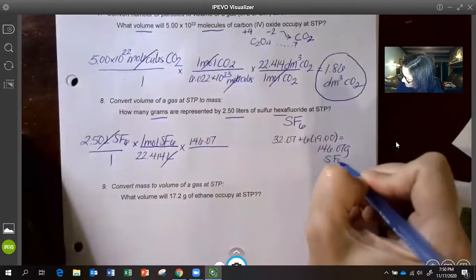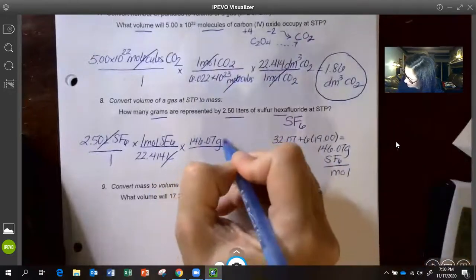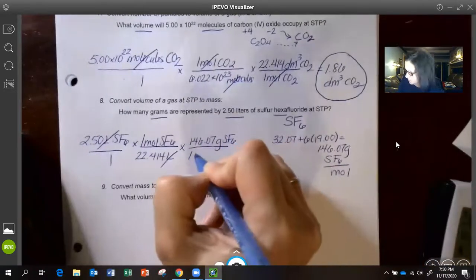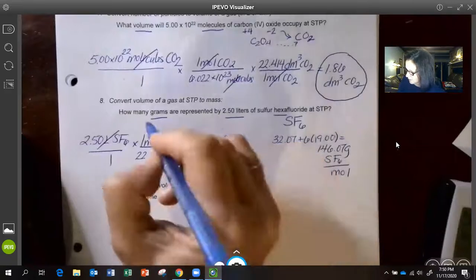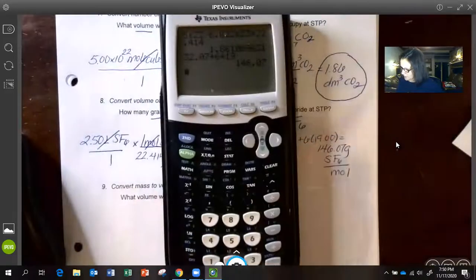Grams of SF6 per 1 mole of SF6. Our moles are going to cancel, and then we solve for our answer.